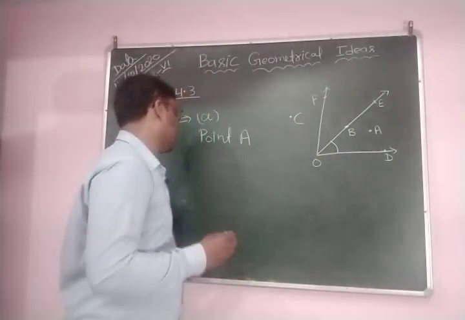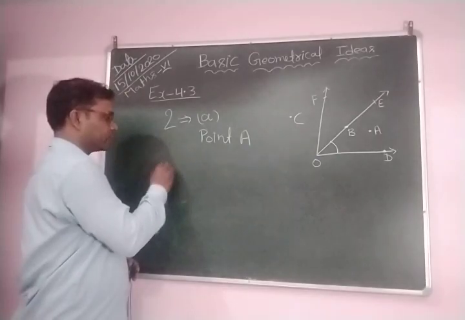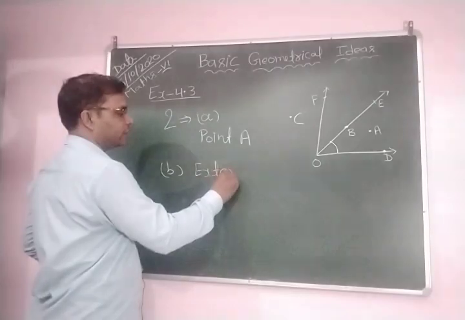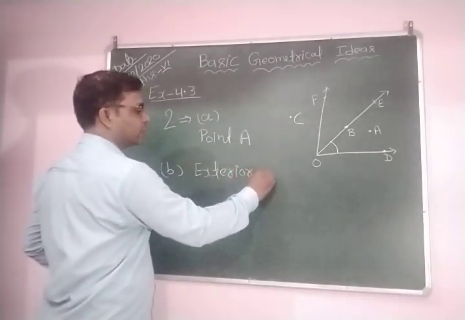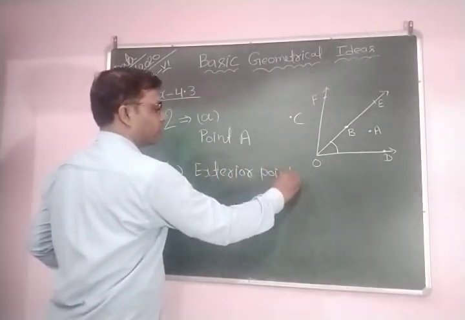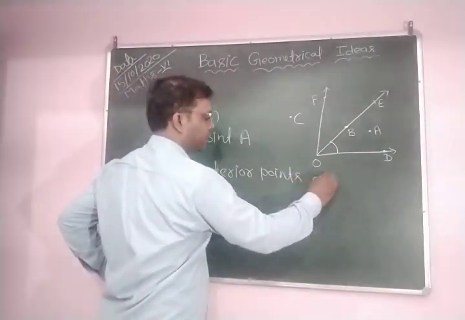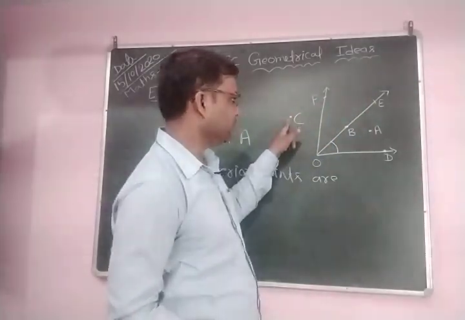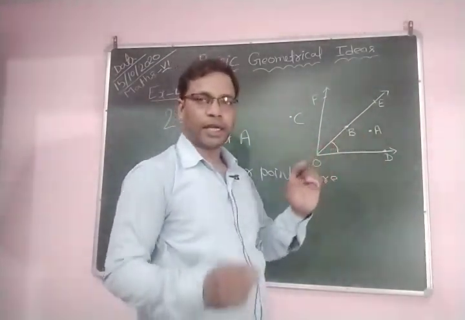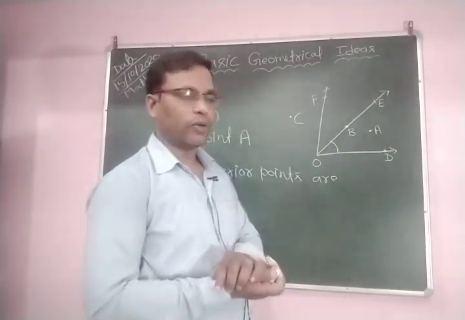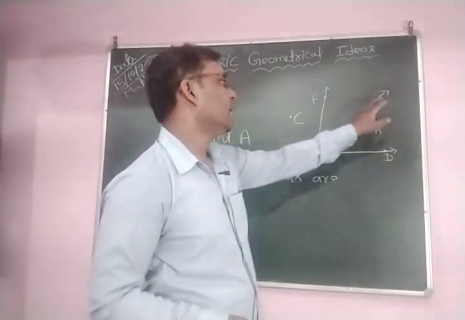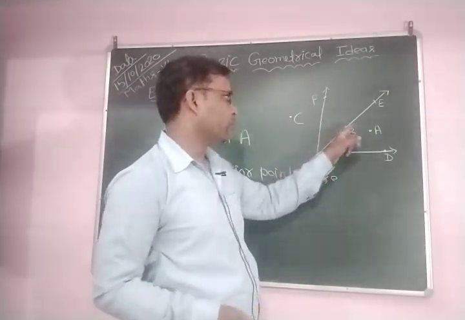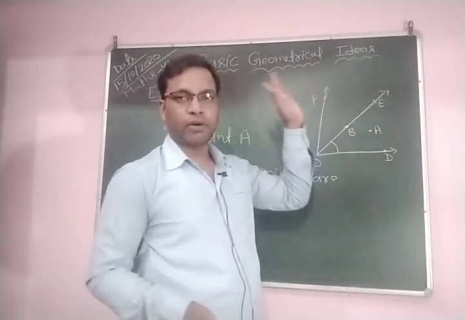So part B of this question. What are the exterior points? We are talking about this angle. So point C, point A, point D, all these points are exterior points, because we are talking about the angle EOF. Point B, point E, point F are boundary points.